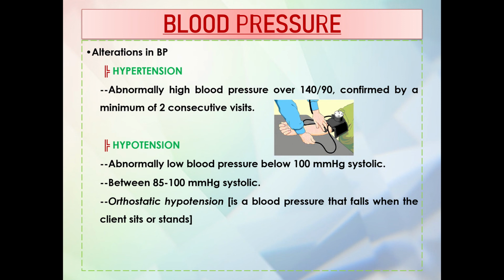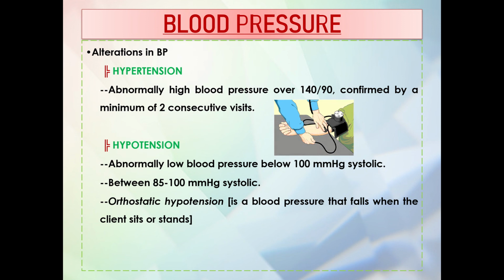So that is hypotension. So this is the orthostatic hypotension that I mentioned. It is a blood pressure that falls when the client sits or stands. Or to be more accurate, when a patient or a client suddenly changes position, like my example earlier, from a lying position or supine position, changing into a sitting position, so definitely there is an alteration in our blood flow.